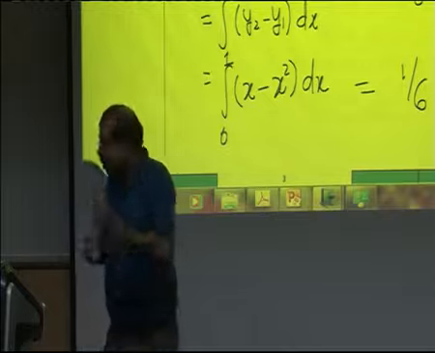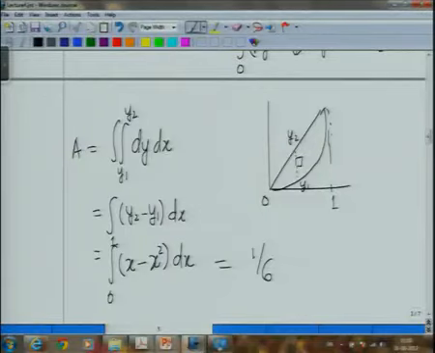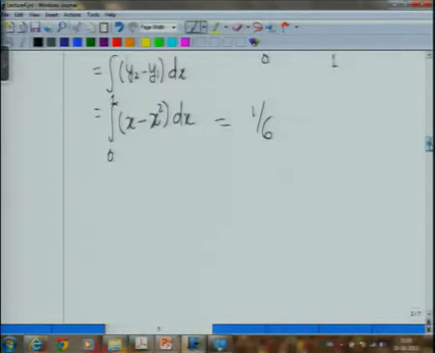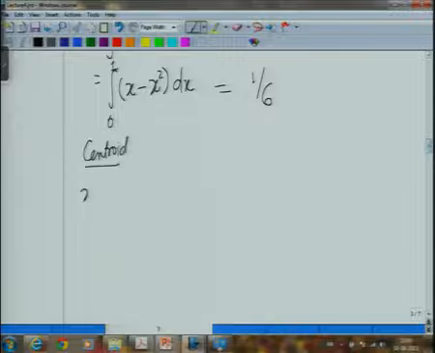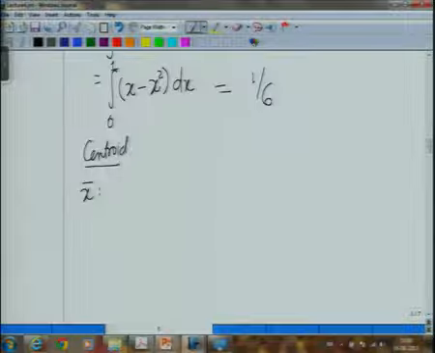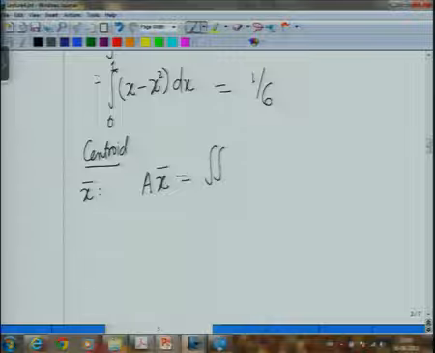Okay. Now, having done this, let us now see how do we calculate the centroid, and let us do it. So, if you have to calculate the centroid, this was the area. Now, to calculate the centroid, the x component of the centroid, we use A times x bar is equal to integral x dA.